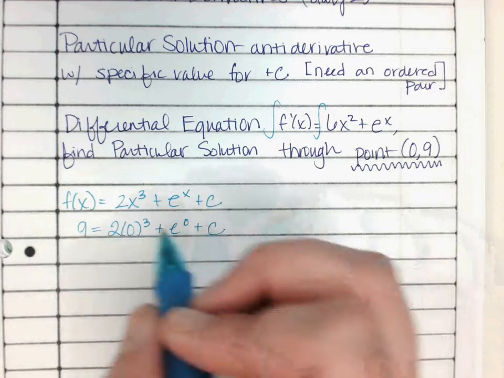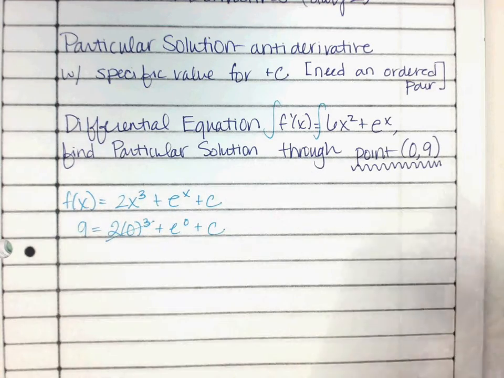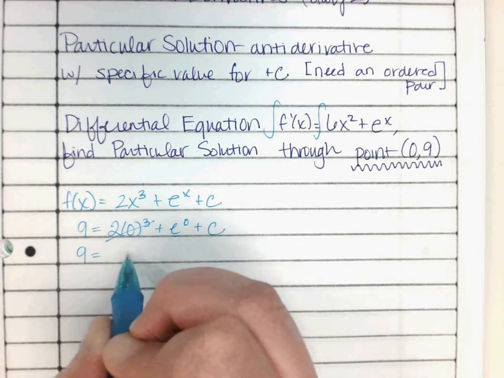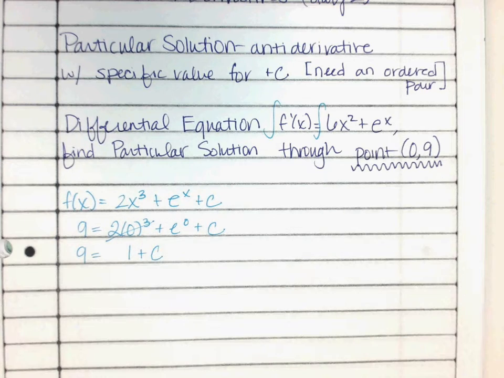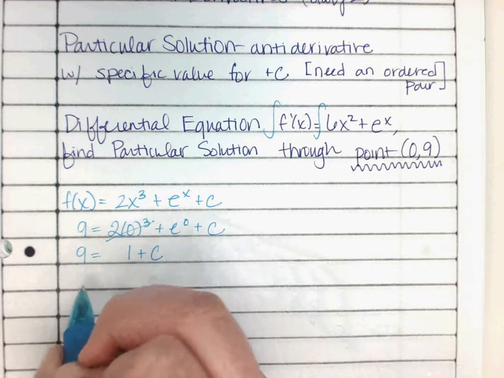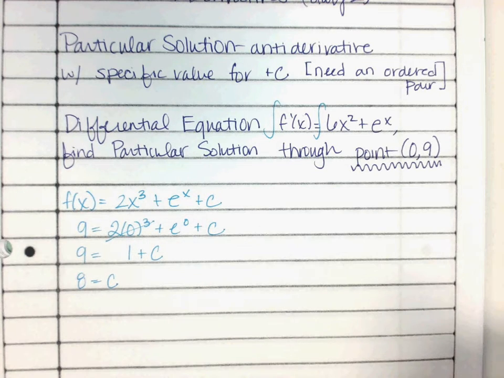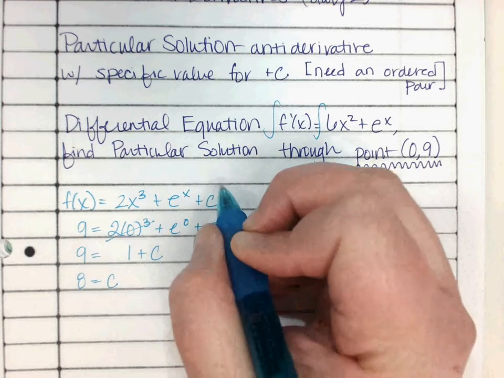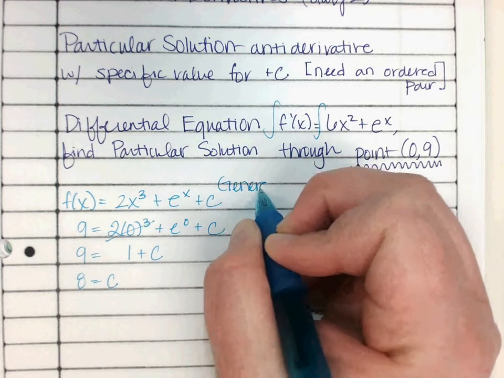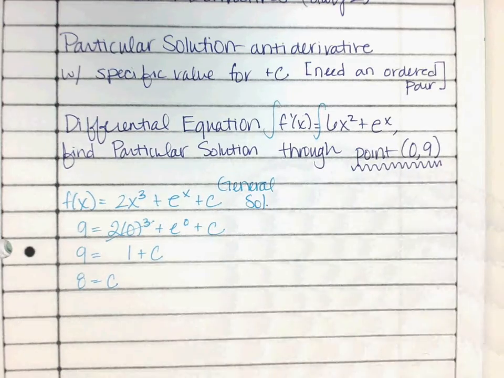2 times 0 is 0, gone. e to the 0? 1, so 9 equals 1 plus c. Then minus the 1 across, c is 8. Yeah? Then from there, you know now your general solution. Okay, we'll mark it here. This is your general solution.